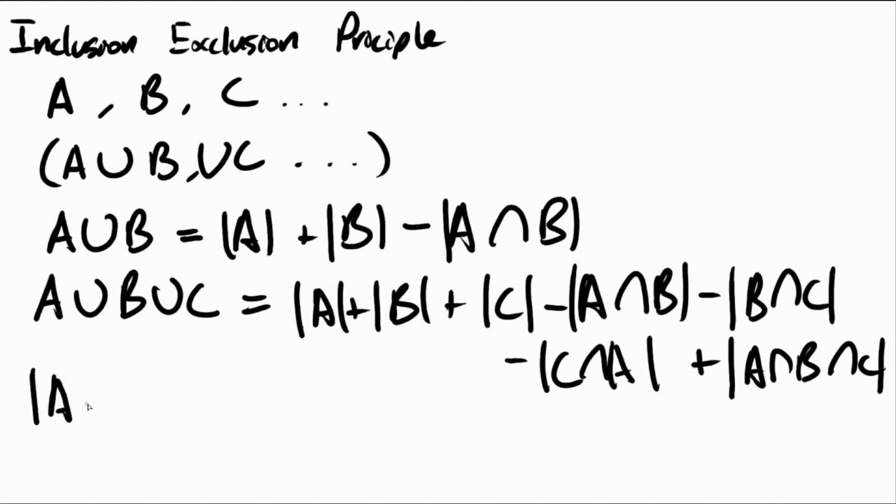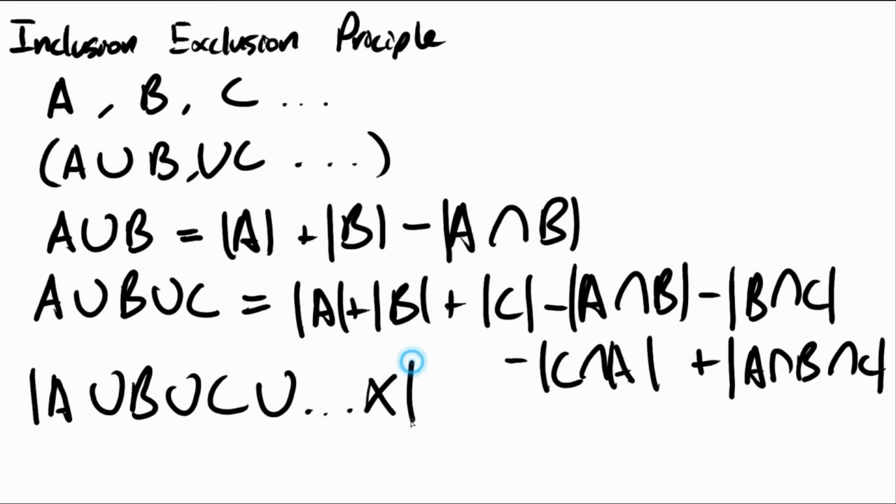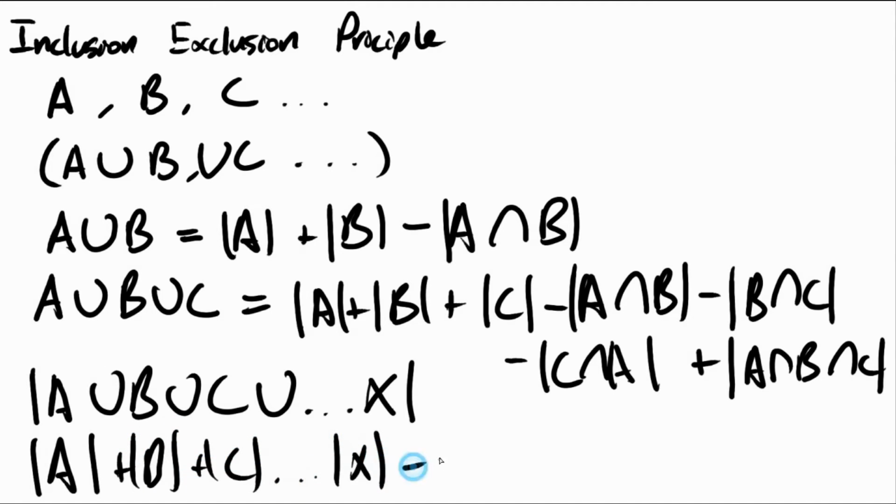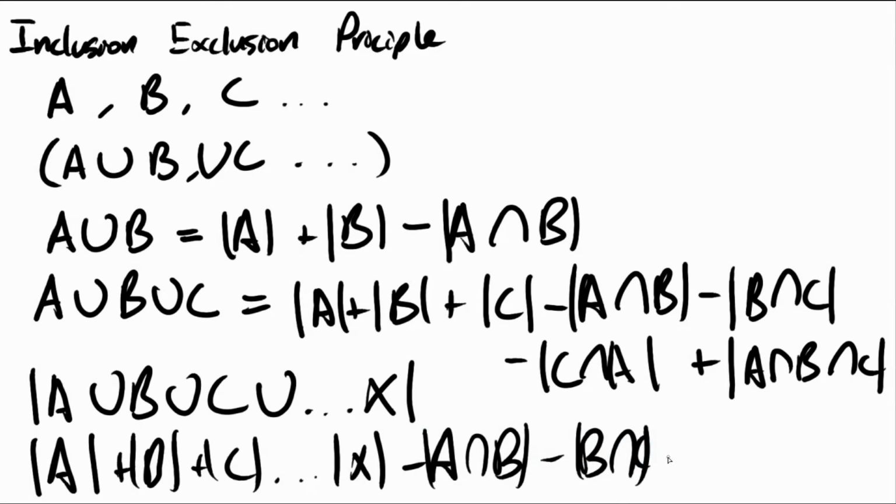The union of A, B, C, dot dot dot, to X would be A plus B plus C dot dot dot plus X, minus A intersection B, minus B intersection C, and then all combinations of two, so all X choose two possible combinations of these.